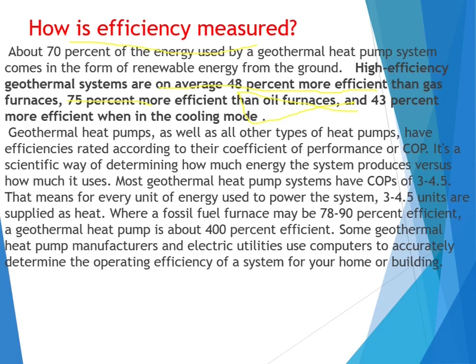Whereas fossil fuel furnaces may be 78 to 90% efficient, a geothermal heat pump is about 400% efficient. See how helpful it is. Some geothermal heat pump manufacturers and electric utilities use computers to accurately determine the operating efficiency of a system for your home or building.